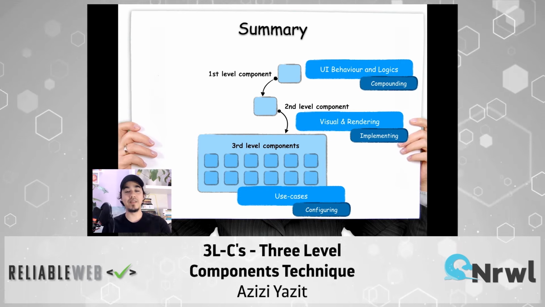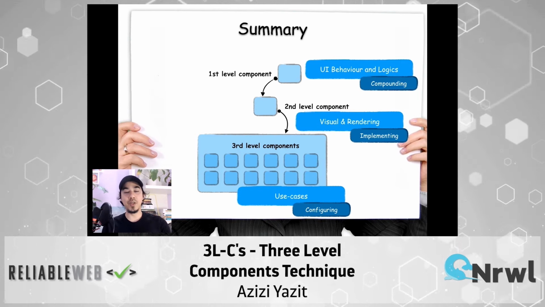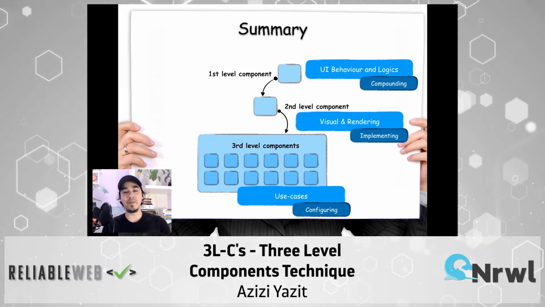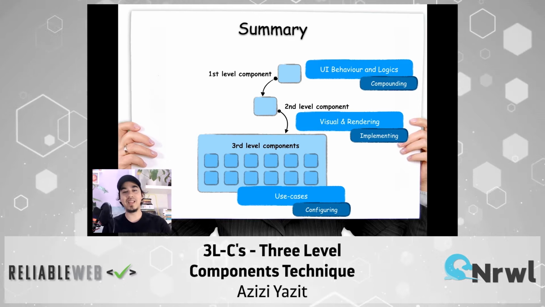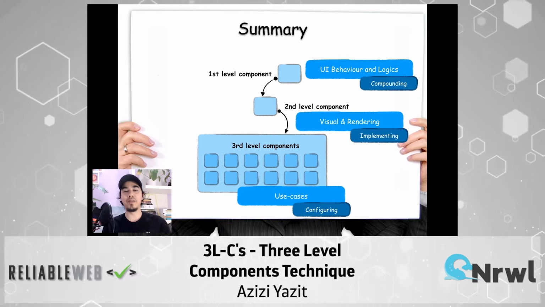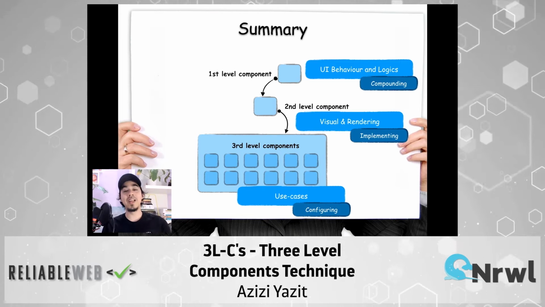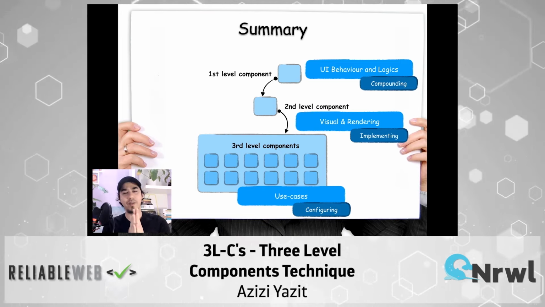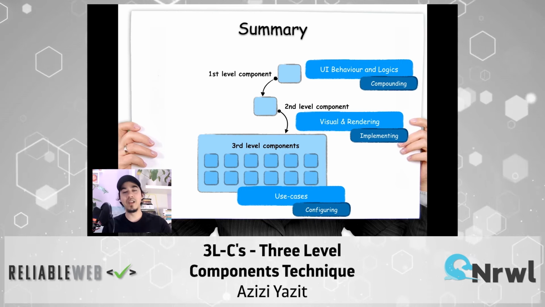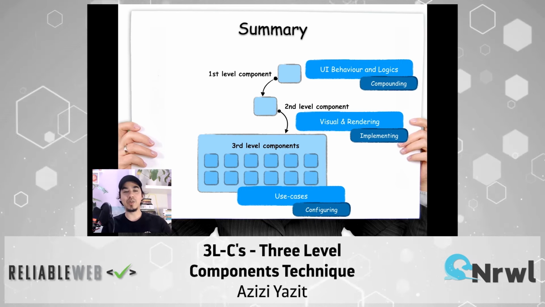And the third level just needs to use and configure the components, so we balance the component levels with abstractions and the principle of least power, especially on the third level. We don't want to add another abstraction or another component, we just use and configure.